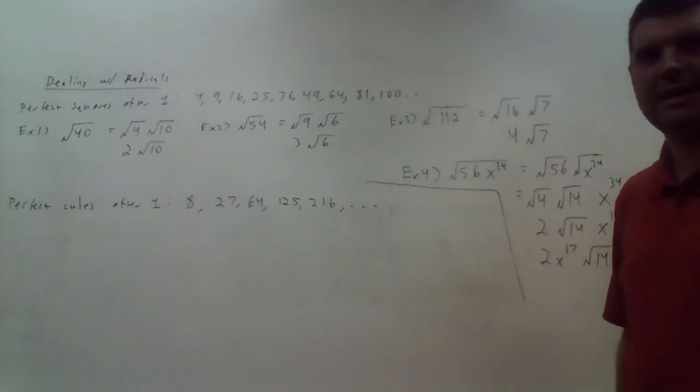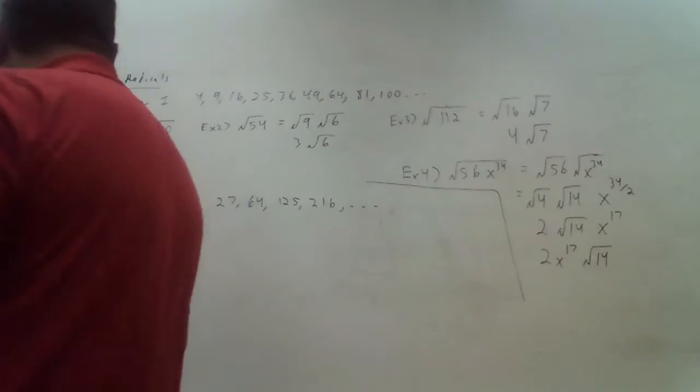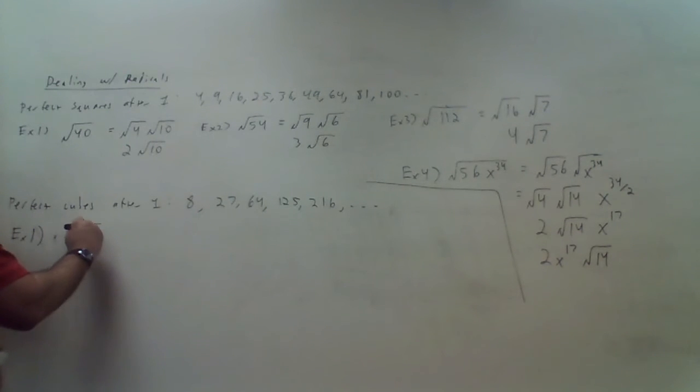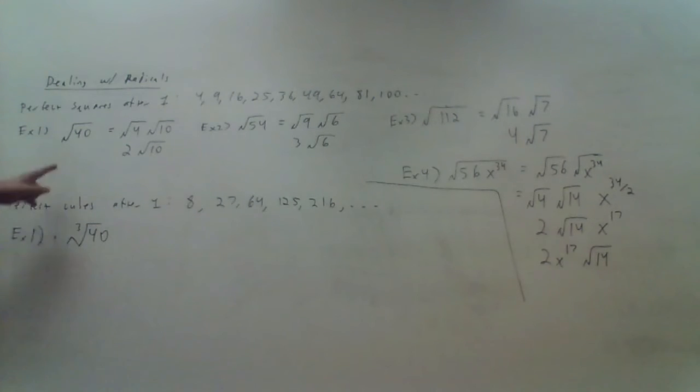Okay, now I'm also going to talk about the perfect cubes, simplifying difference of cubes. So example 1, I had the cube root of 40 this time. Not the square root, the cube root.